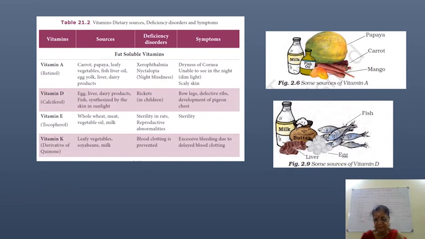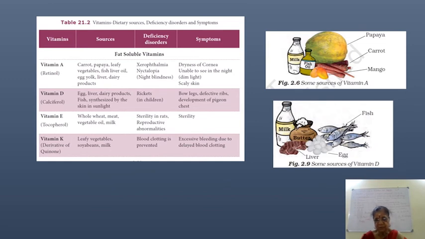Fat soluble vitamins A, D, E and K are absorbed by the fatty substances when the food is digested. They dissolve only in fat. Other vitamins like vitamin B complex and vitamin C can dissolve in water, so they are called water soluble vitamins.